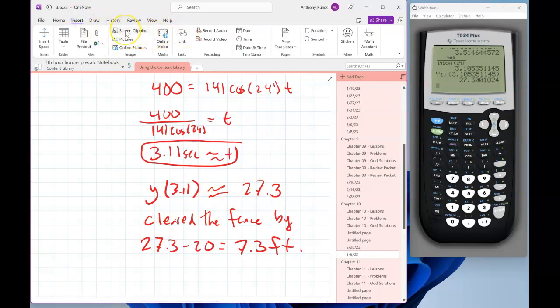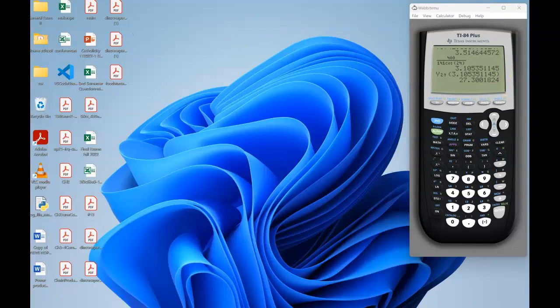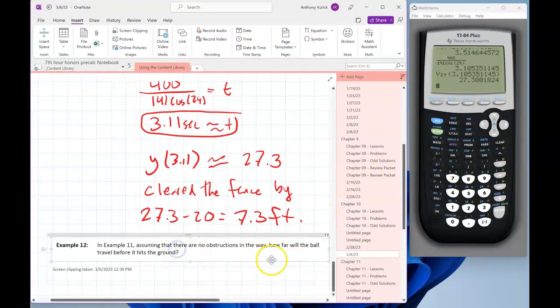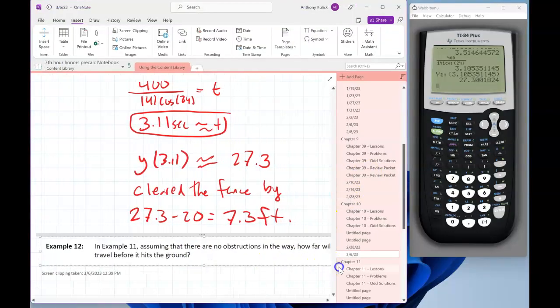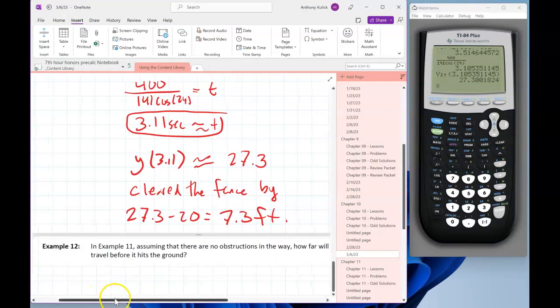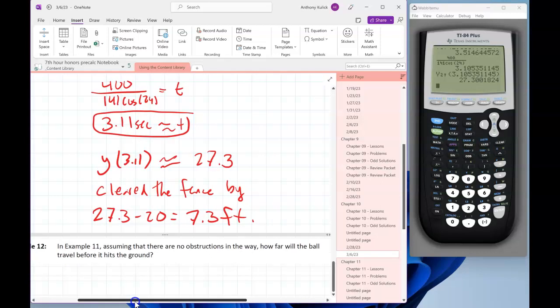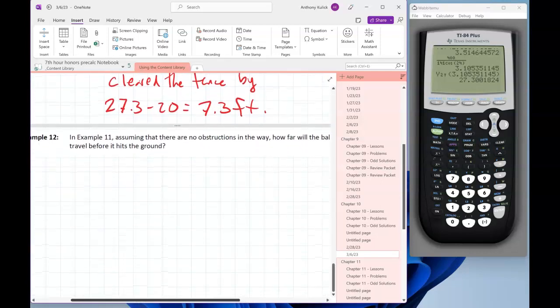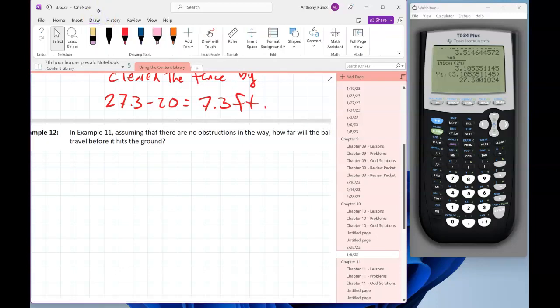All right. Let's take the same circumstances. This is Jeff with his monster moonshot here. And we're going to ask, assuming that there's no obstructions, that the fence doesn't stop the ball, how far will the ball go before it hits the ground? So are we looking for a y or an x? An x.